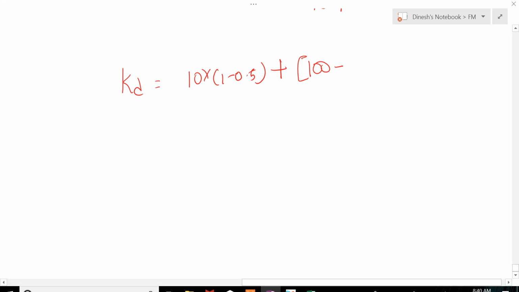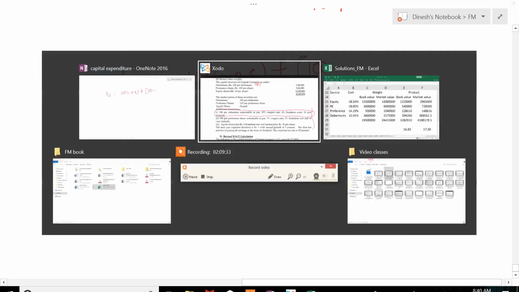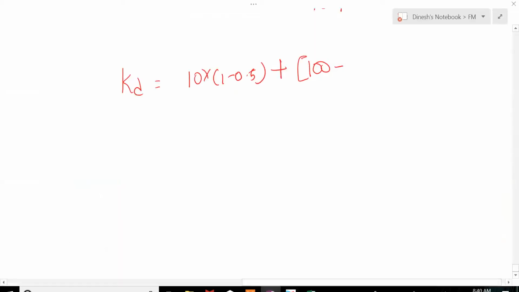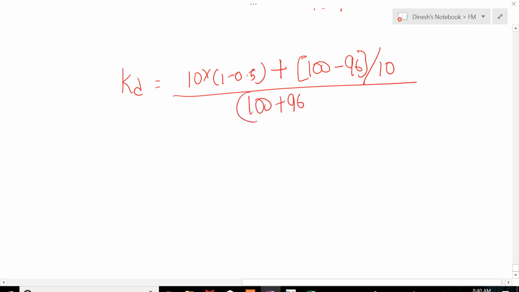What is the issue price? Issue price is 100, flotation cost is 4. So 100 minus 96, divided by 10, divided by 100 plus 96 by 2.